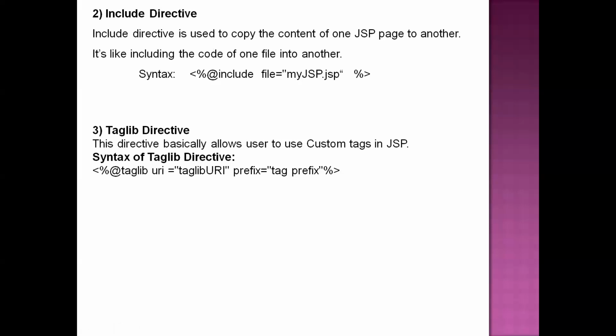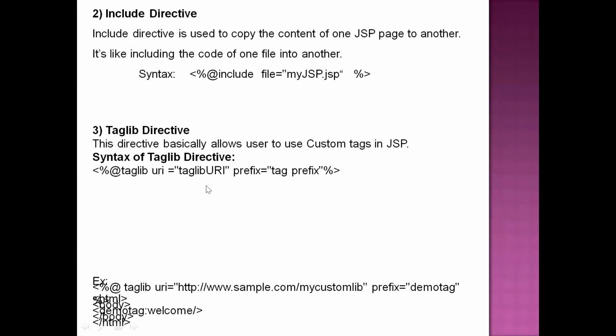Why we need this prefix attribute is, if you are creating your own custom tag, then every tag should be prefixed with some name. The name you are using as the tag prefix, you have to supply as the value to this prefix attribute. Okay, so this is about the taglib directive.